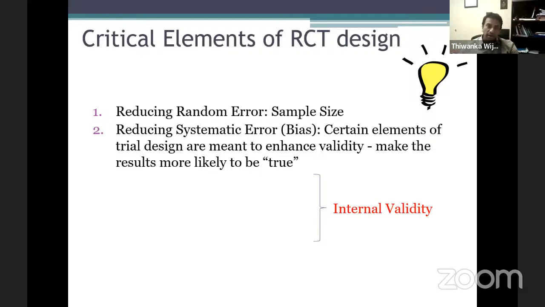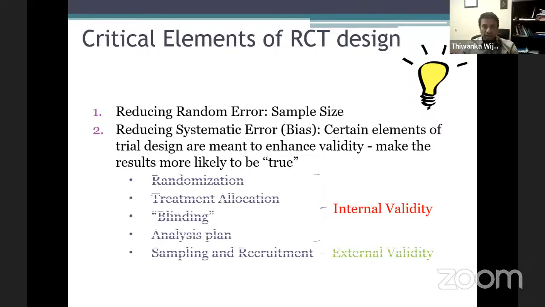Okay, so I will get back to sample size, but for internal validity of a RCT, instead of looking at the selection bias and the measurement bias, we actually look at other separate criteria, which is randomization, treatment allocation, blinding, and analysis plan. So these are the 4 things that you should be looking at when you're critiquing a RCT.